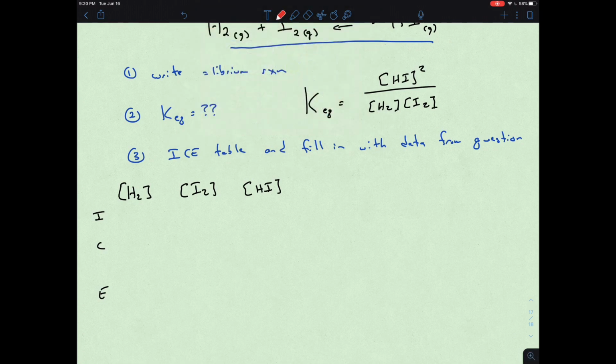So basically, in this step we need to convert mass to moles and then calculate initial molarity, right? That's what we need to do.